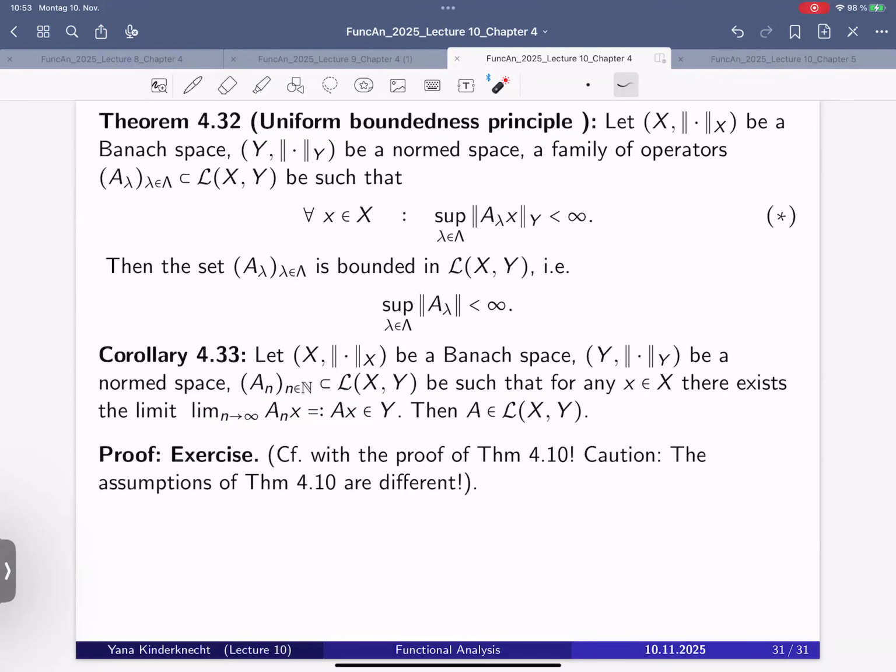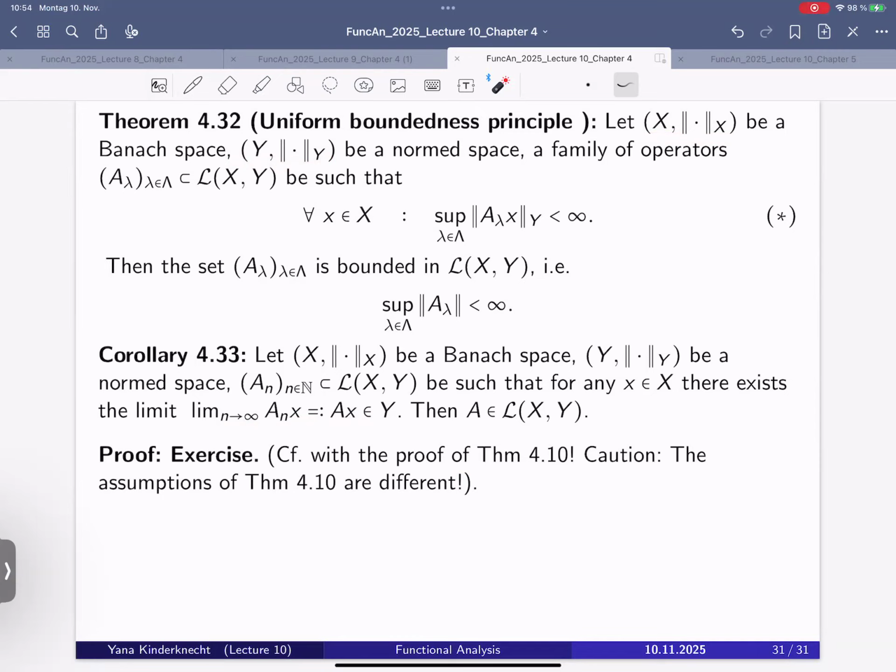I should mention that we also proved almost the same when we proved the theorem before, but you should be careful. The setting of that theorem is not the same as here, because there X was a normed space and Y was a Banach space, and here vice versa.